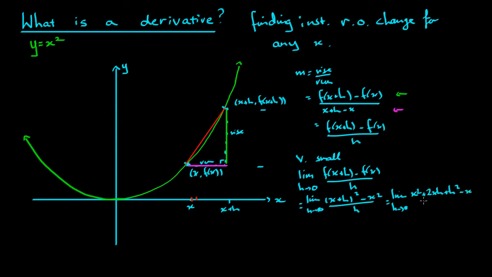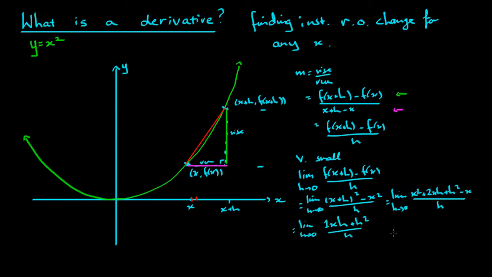That's using the expansion that we're taught for quadratics. This is still on the screen, all over h, which is equal to the limit as h approaches 0. Hey look, this x² value and this x² value can cancel out, so it's (2xh + h²) on h.